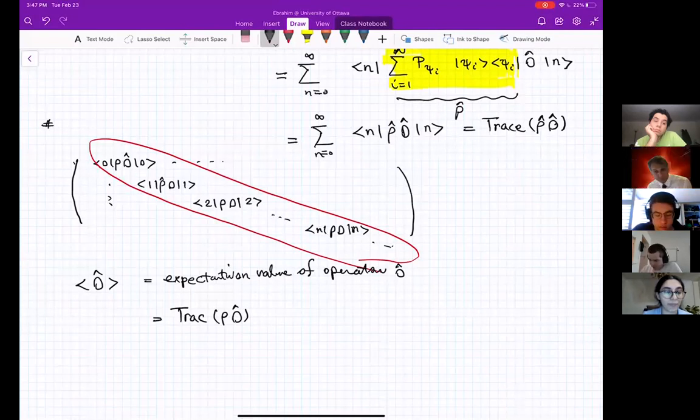Whether you want to look at the trace is up to you. But it is good to know ρ and the operator O in such a way that, by knowing the properties of ρ and O, we can find out that this trace can be written in a much easier way.